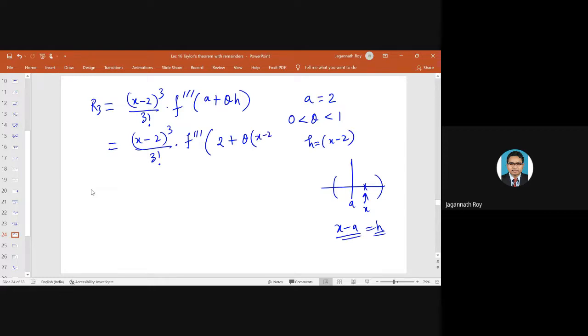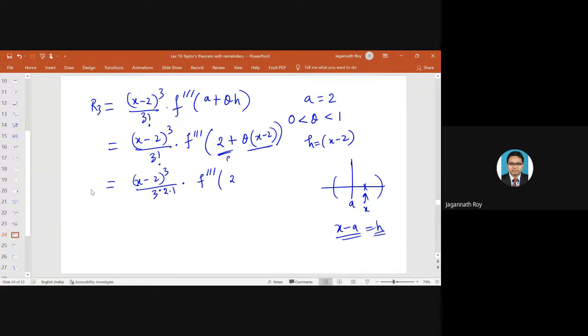If you simplify it, x minus 2 whole cube by 3 factorial times f triple dash of 2 plus theta into x minus 2.